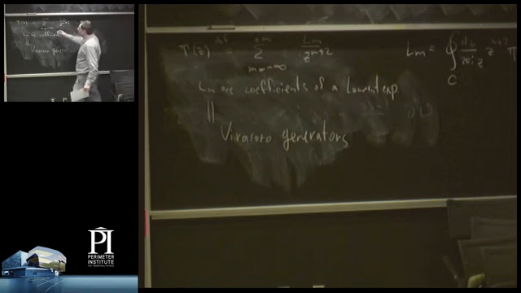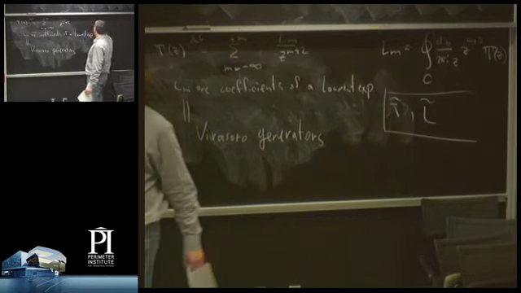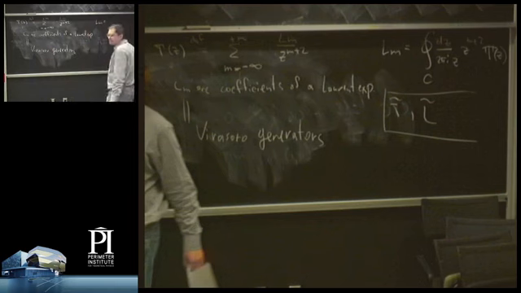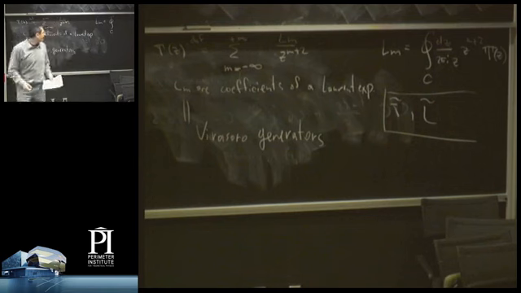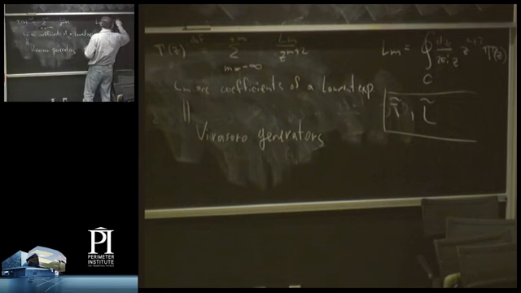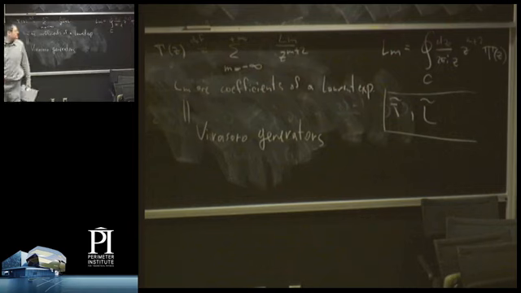So this was the definition. How do I compute the Virasoro generator? Easy. All you have to do is compute an integral around the origin, over a closed contour, of z to the m plus 1 times T of z.